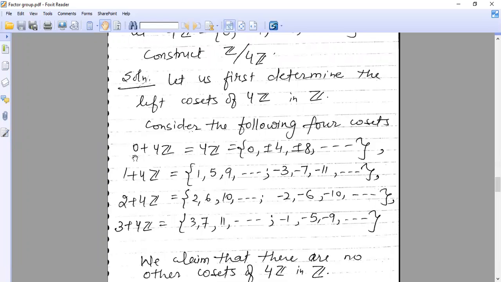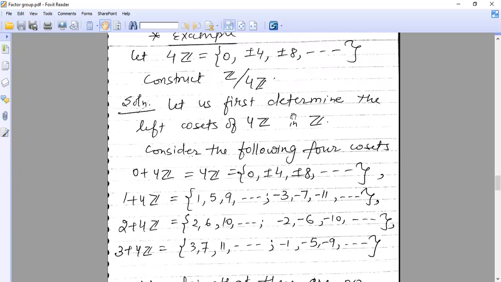So you just take one by one all the elements of Z. First we are taking 0 plus 4Z. So 0 plus 4Z will be 4Z. Now next is 1 plus 4Z. 1 plus 4Z means you are just adding 1 to all the elements of this 4Z. First you consider all the positives: 1, 5, 9 and so on.